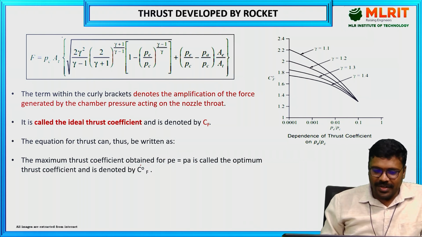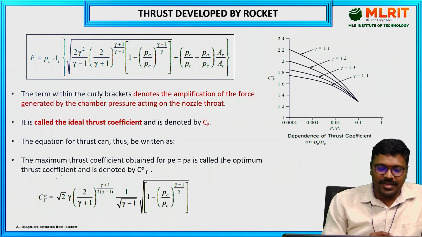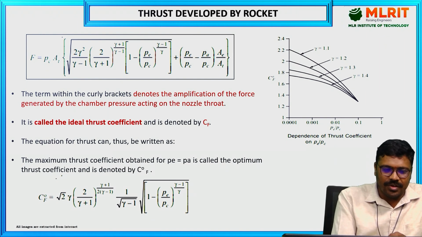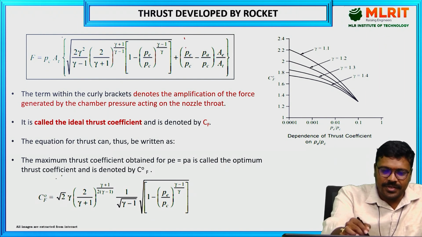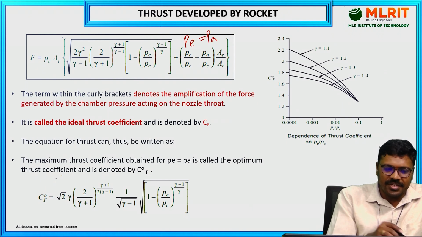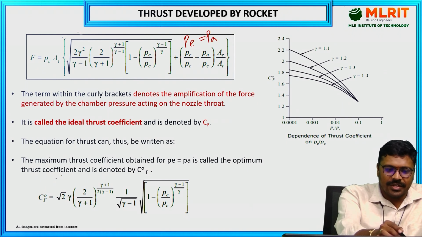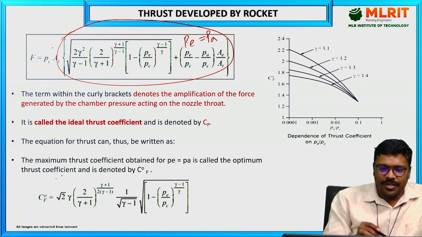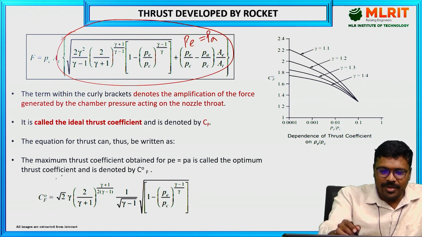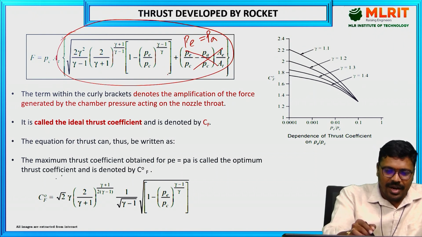If I write the equation, CF naught is equal to what? 2 into under root 2 gamma, and if I substitute Pe equal to Pa in the equation of CF, in the curly bracket, this total term will be equal to 0 and you will get only this term.